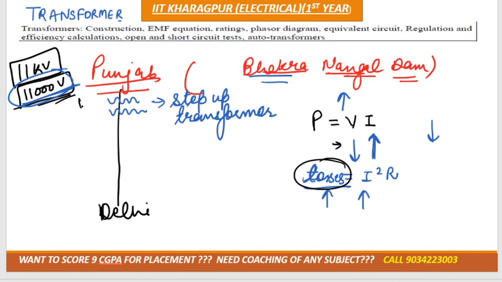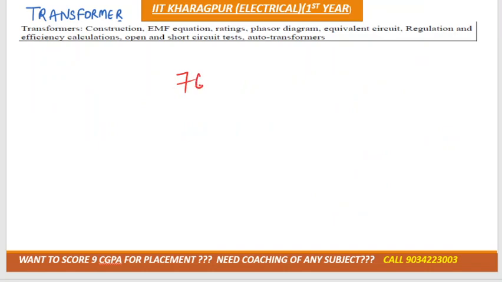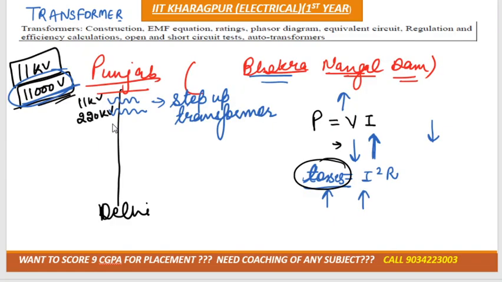Like from 11 kilovolts, in India we have a maximum allowable limit of 765 kilovolt. That depends on our requirement, up to where we want to increase. Okay, understood this point?